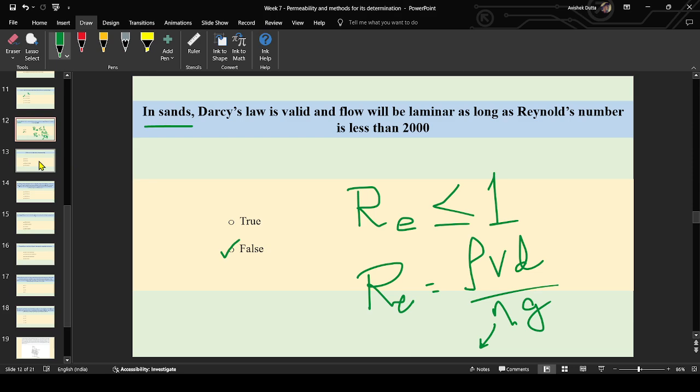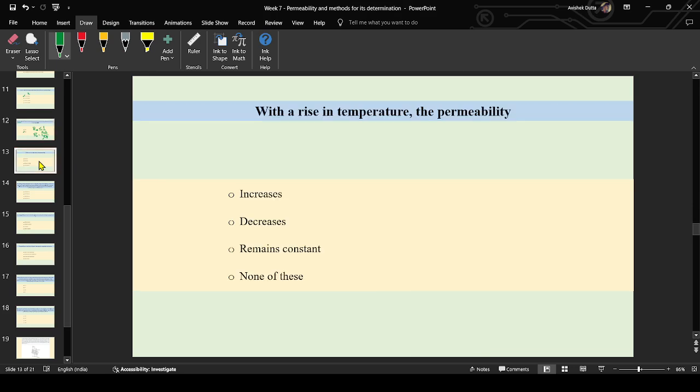Next question. With the rise in temperature, what happens to permeability? Permeability increases. Why do you think it increases? Because viscosity decreases. Very good. This is the relationship between permeability and viscosity.